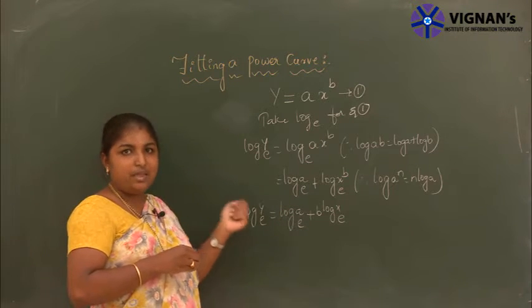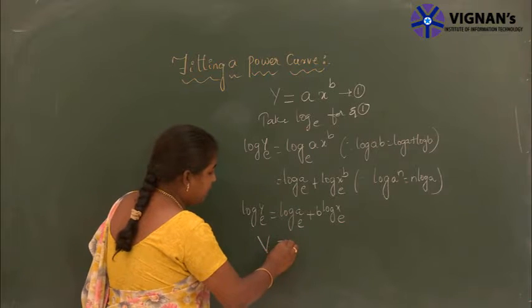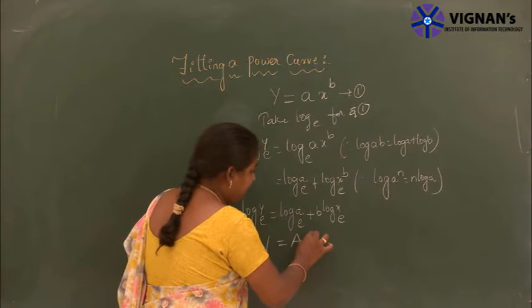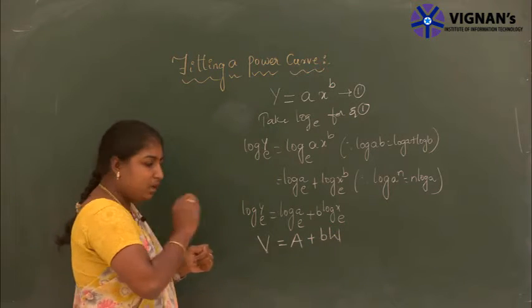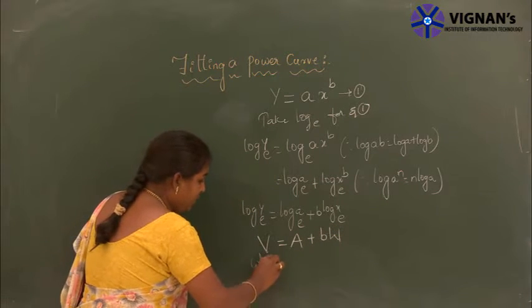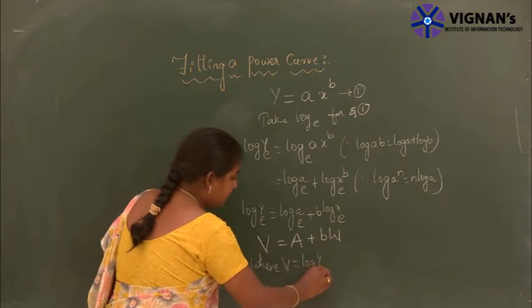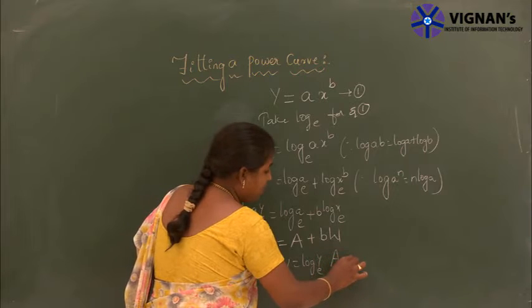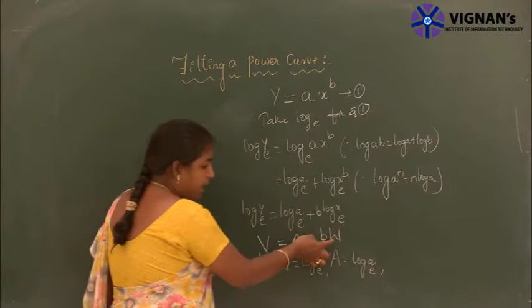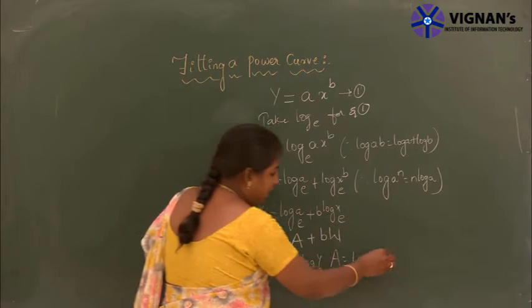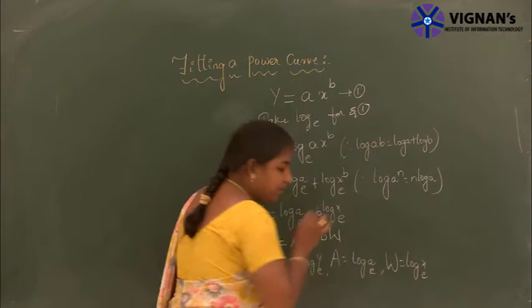By taking the substitution V = A + bW, where V is log y base e, capital A is log a base e, and W is log x base e.